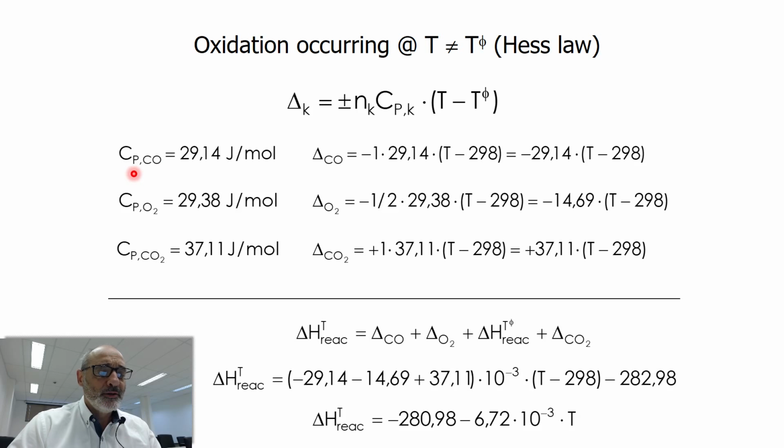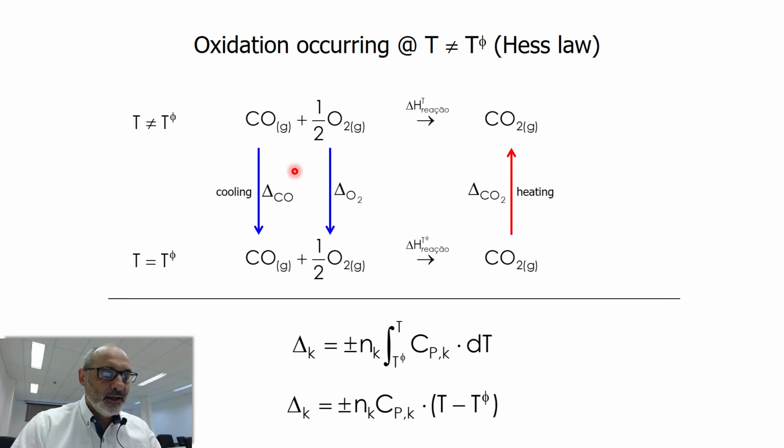So the specific heat of CO2 is 29.14 joules per mole, so minus 29.14 times T minus 298. Why the minus sign here? I want to see if you understand this. Going back one slide, this minus sign is because we are removing heat from the system.